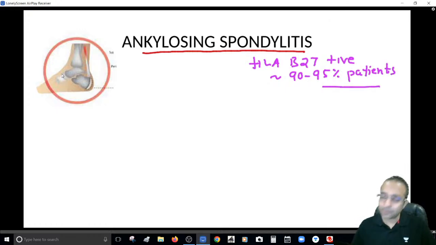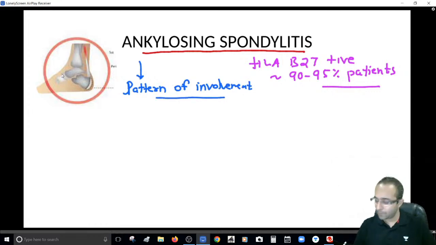So this is one inflammatory arthropathy where you can just convincingly say that if this patient is HLA B27 positive, he has ankylosing spondylitis, because the association with HLA is the highest, strongest. Now about this inflammatory arthropathy, I would just like to let you know what is very different from other inflammatory arthropathies is the pattern of involvement.